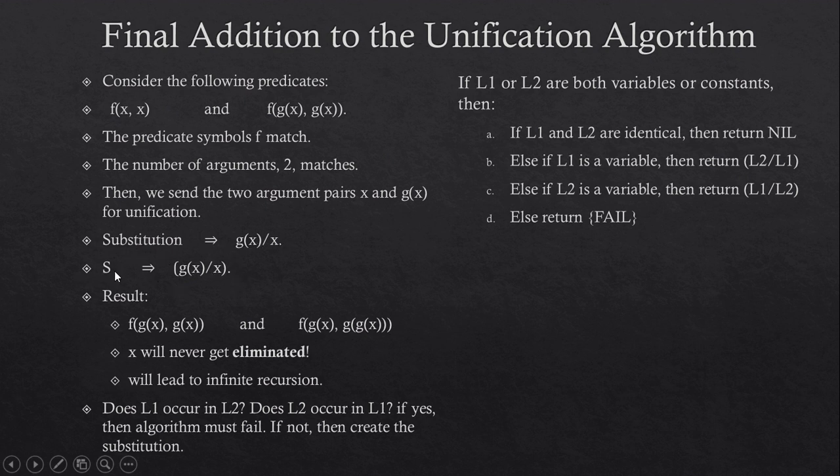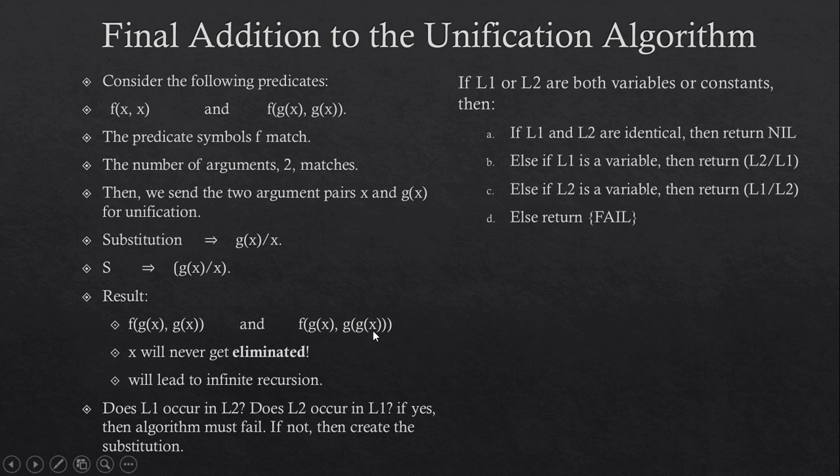Now s is a substitution that firstly needs to be made throughout all the remaining argument pairs. That means the result will be f of g of x comma g of x and f of g of x comma g of x. The substitution has replaced x with g of x.